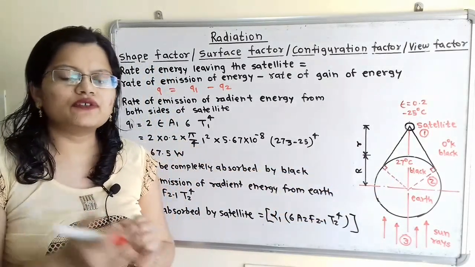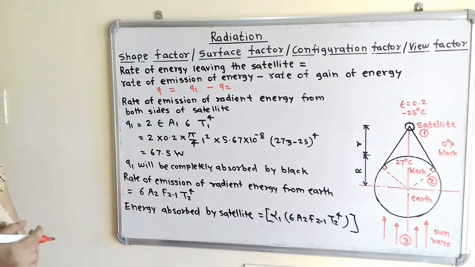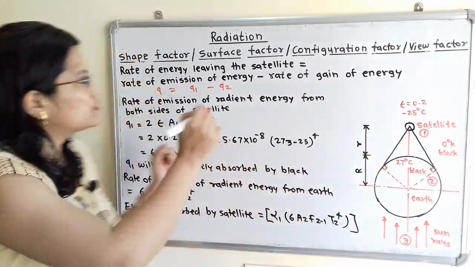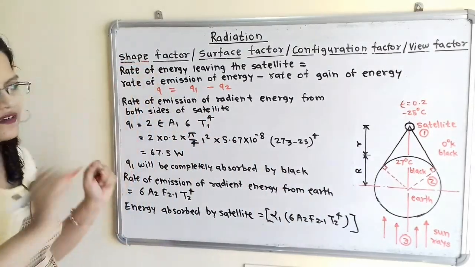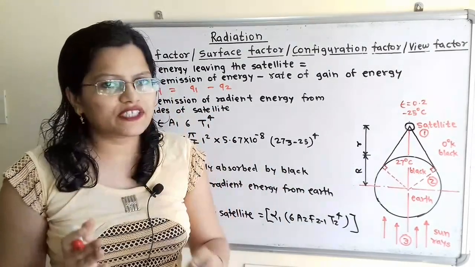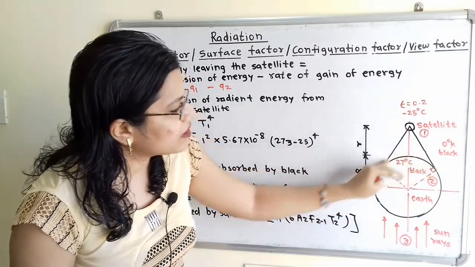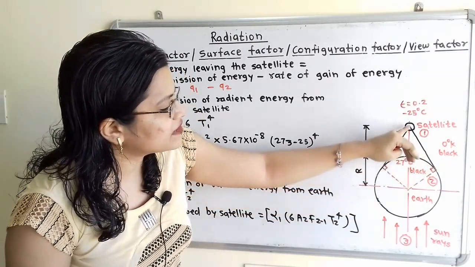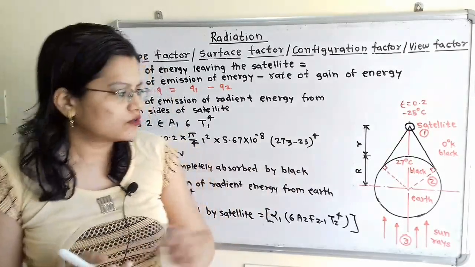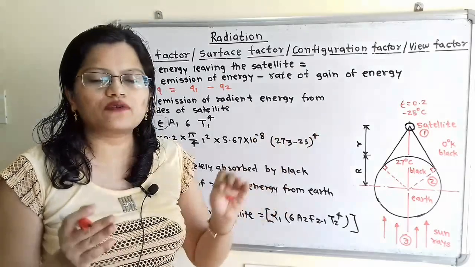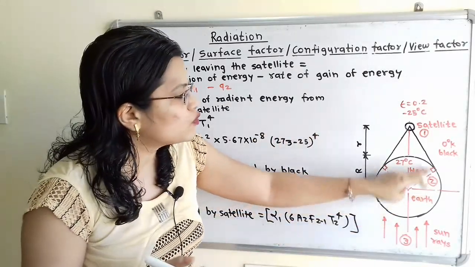So we will use some fraction of energy, that is the shape factor. We will use the concept of shape factor, that is the fraction of energy radiated from the Earth's surface that reaches the satellite. Here this number is 2 and here is 1, so we have to use the shape factor 2 to 1.